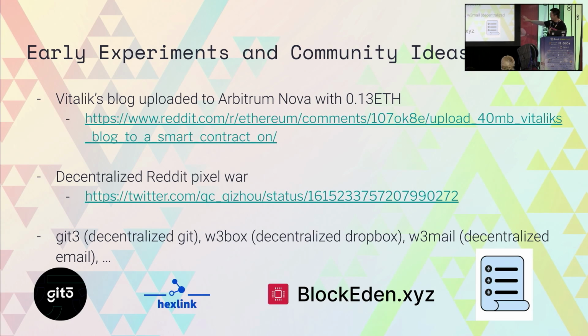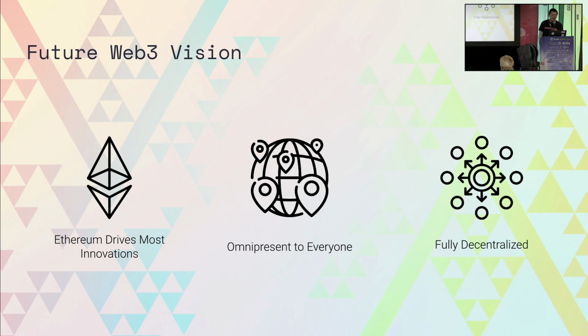There are also a couple of projects in terms of a decentralized Dropbox, decentralized Craigslist, and decentralized serverless wallets. We believe with all this infrastructure, we can build much richer Web3 applications where Ethereum drives the most innovation, and we have the scalability to serve all the people in the future.